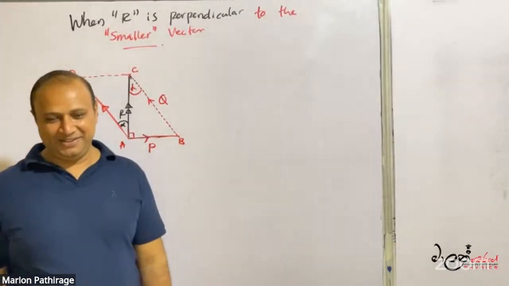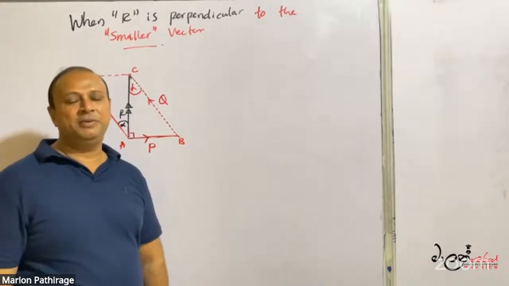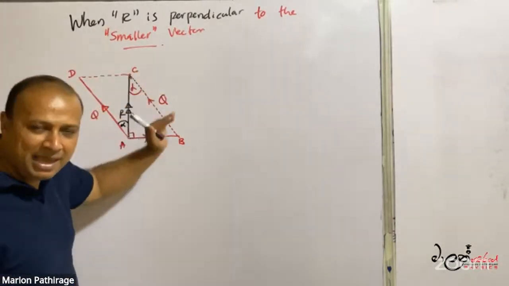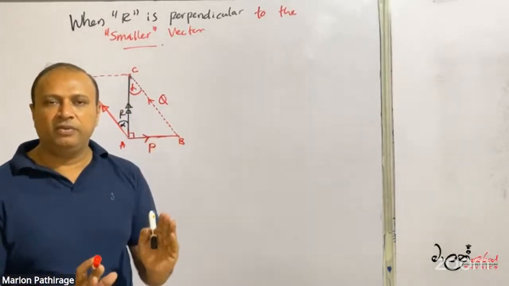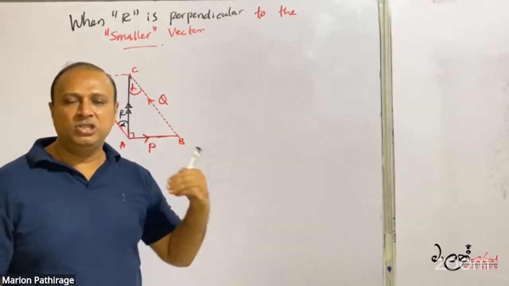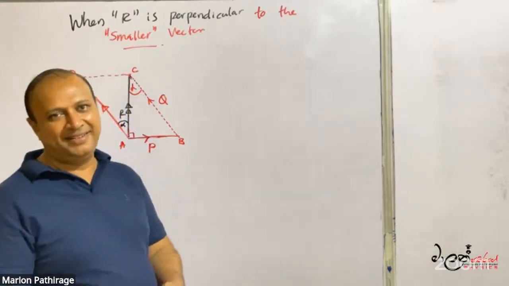Yes, very good. You can just apply the Pythagoras theorem, no? If you can figure out this arrangement, then you can easily apply geometrical theorems to determine R.